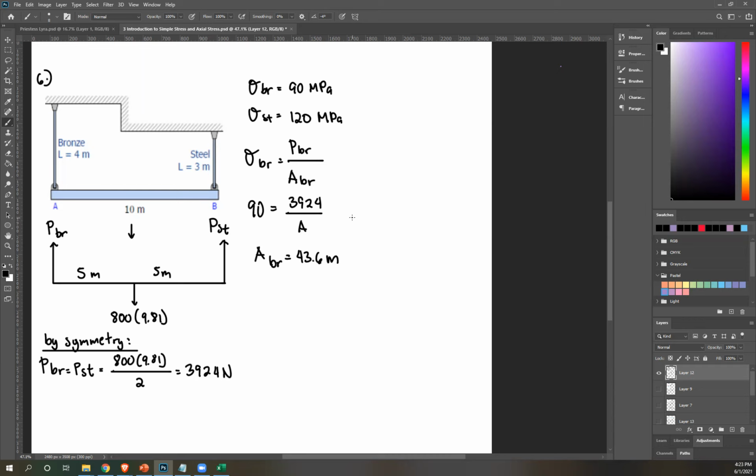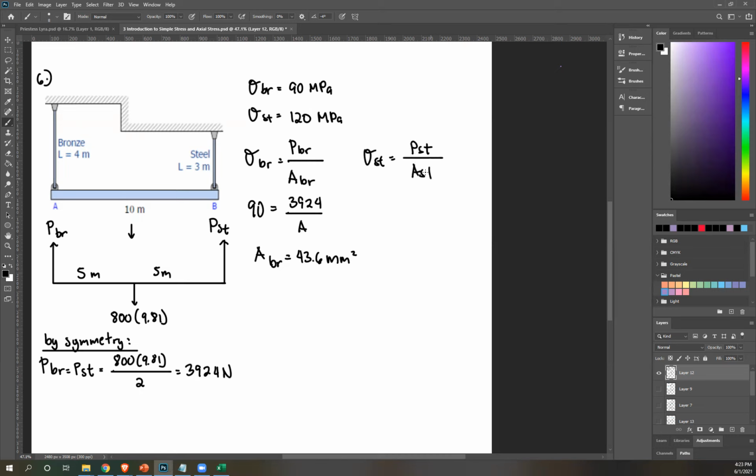Now, what's the unit? The unit that we've been using, once again, is Newton per millimeter squared. This force is in Newton, so uniform units, we didn't need to convert. We're going to be left with millimeters squared. Okay. Do the same thing for steel.